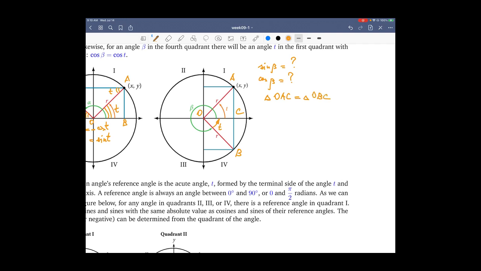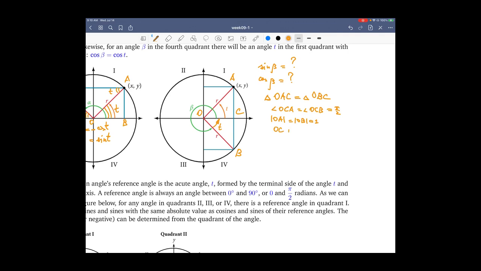Why is that? Both are right triangles, so angle OCA equals angle OCB equals pi over 2. OA equals OB equals 1. These are hypotenuses. And what else? They share one side.